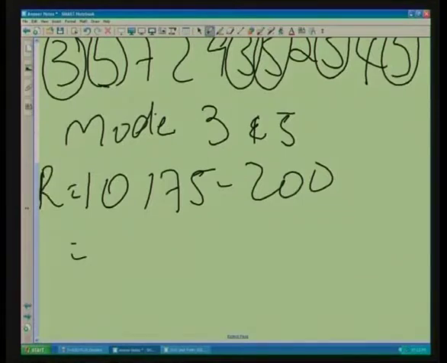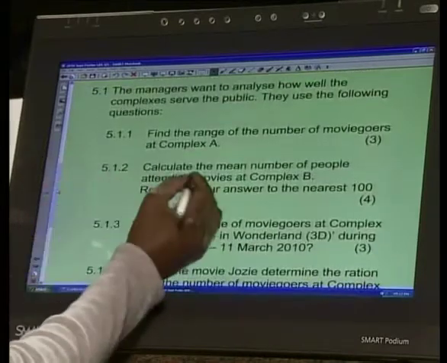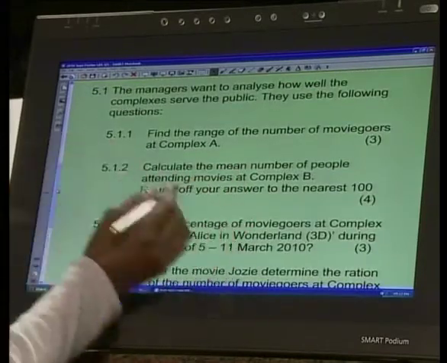I just wanted to emphasize that so that we stop the confusion of what is the difference between the mean and the median. The way we have done them today, I know you are not really going to forget it. If you look at the next question, it says, calculate the mean.